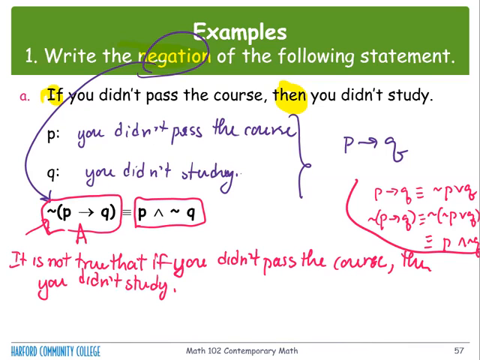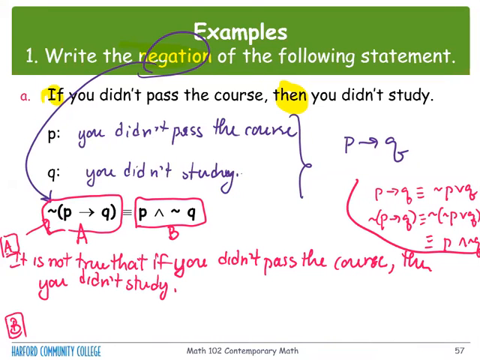So this is option A. And for option B, we have P and not Q.